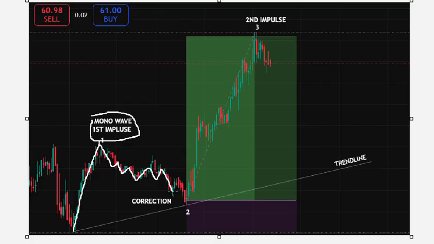If you can see clearly, this move, where it started from here up to here, the time it took is smaller than the time this took to correct. I hope you can see it. Alright? So this is what I've been saying. For an impulse, it should take less time. For a correction, it should take a longer time.